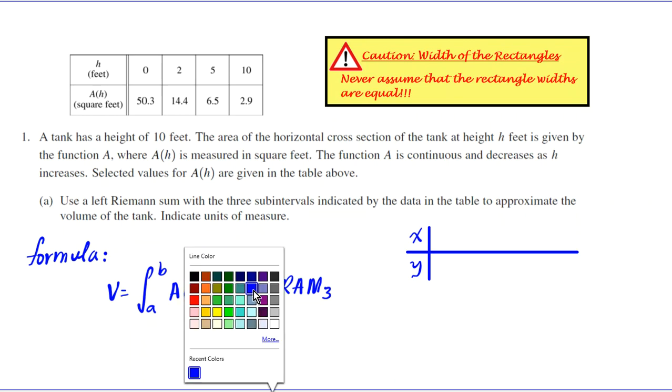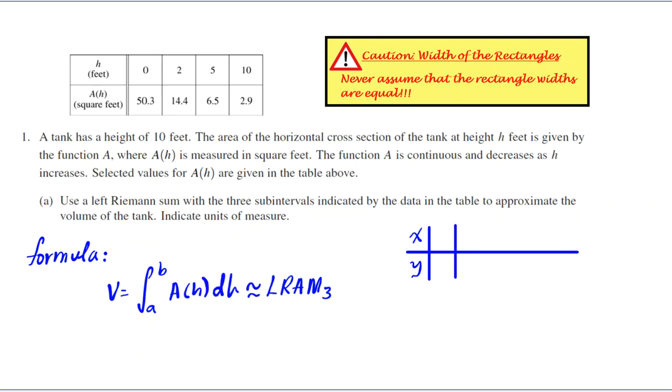Alright, so we have 1, 2, 3, 4. So let's say we have x1, x2, x3, and x4, okay? And then y1, y2, y3, and y4.